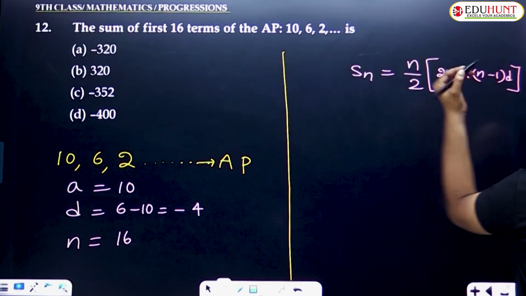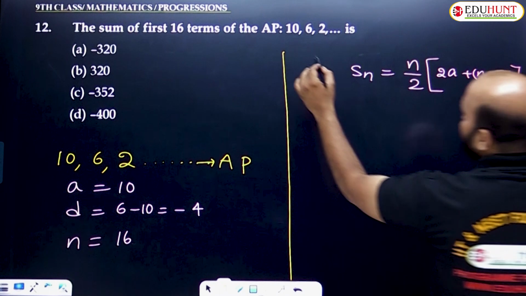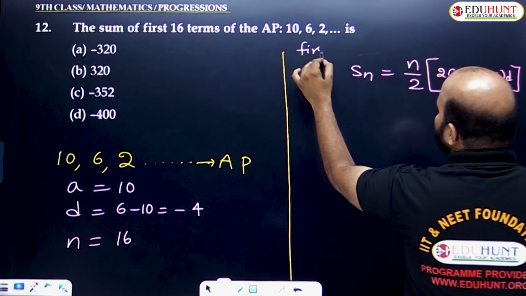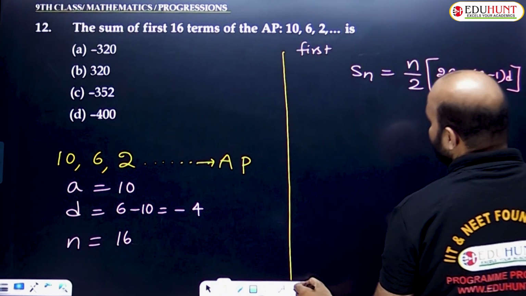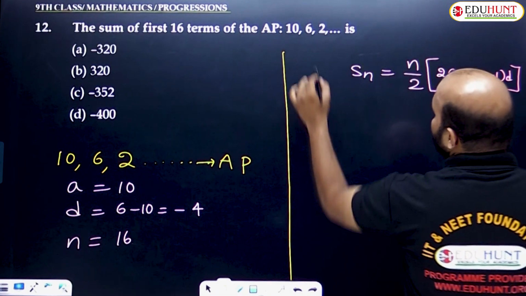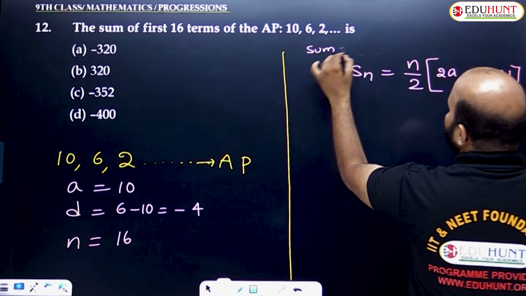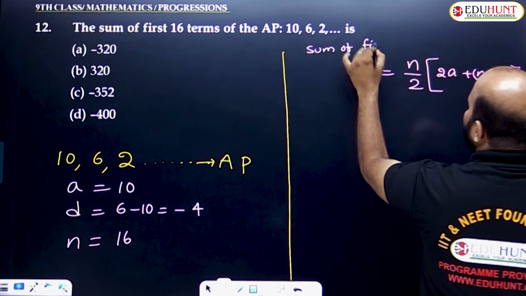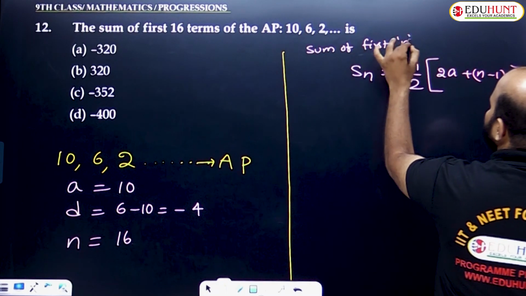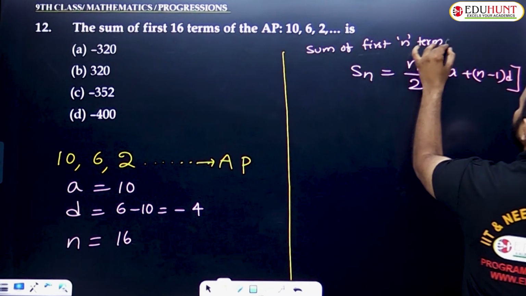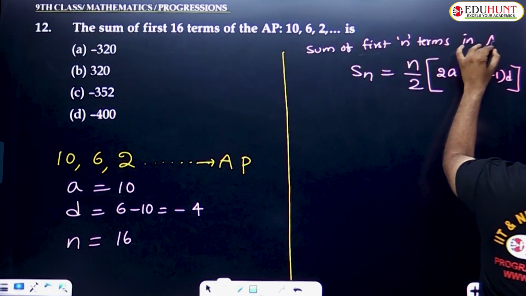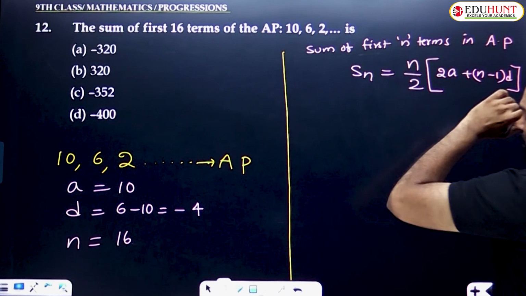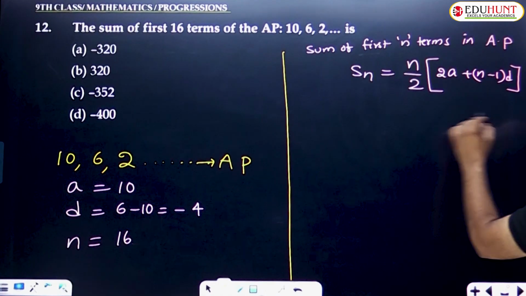This is the formula for Sn, where Sn stands for the sum of the first n terms in an AP, an arithmetic progression.